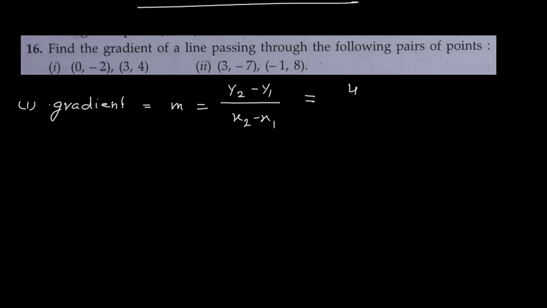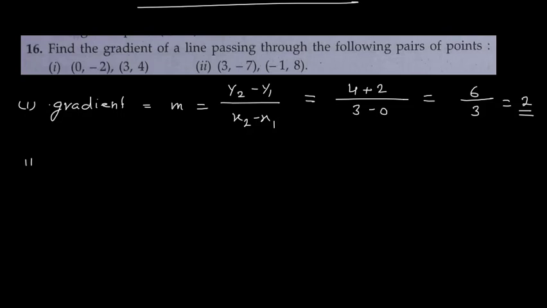So here you will say that it is 4 minus minus 2, which becomes plus 2. This is x1, y1, this is x2, y2, upon 3 minus 0. So 4 plus 2 is 6, 3 minus 0 is 3. So your answer is 2.